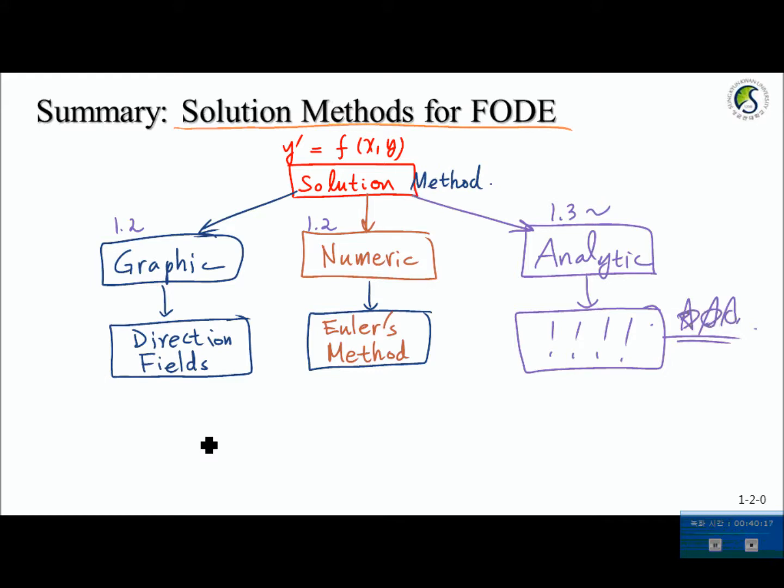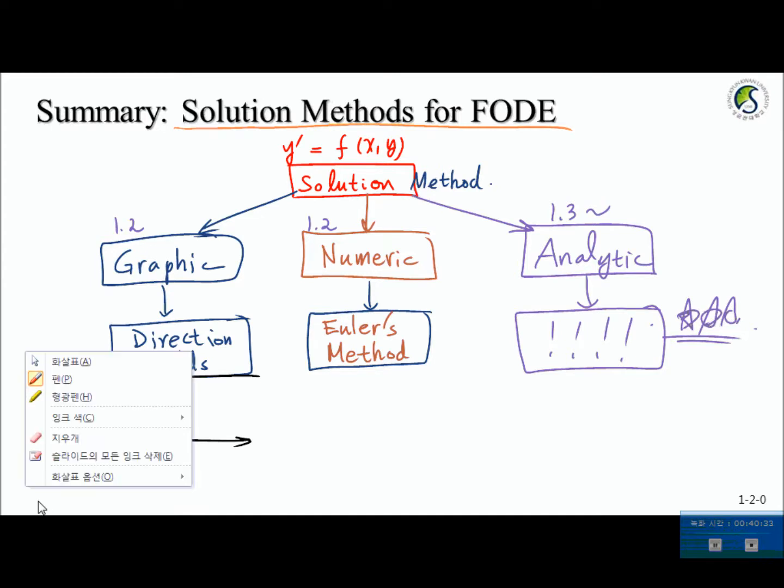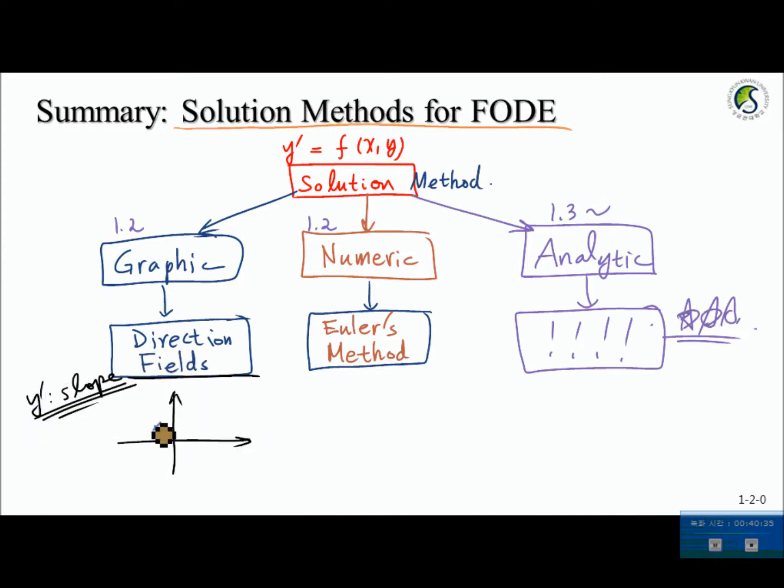Briefly, very briefly, direction fields are a graphical method, meaning on the graph. Since y prime is a slope in explicit form, we just take it and draw the slope in space, as many slopes at points in the space as we can.